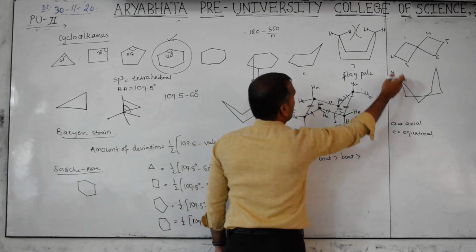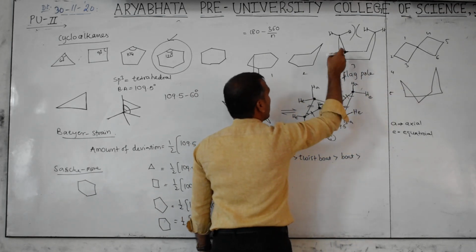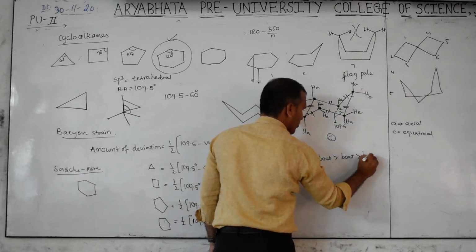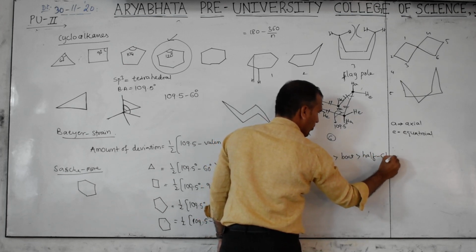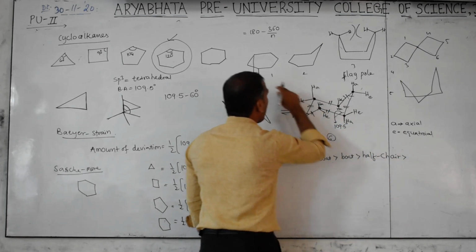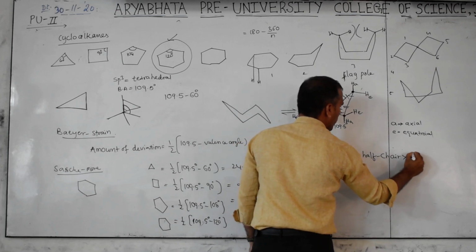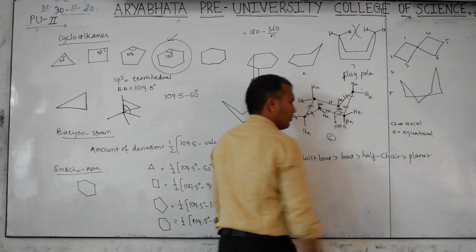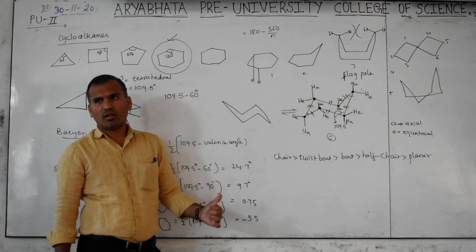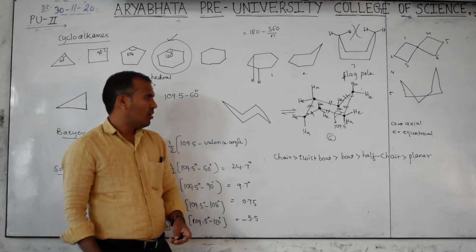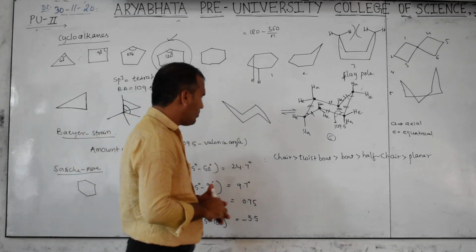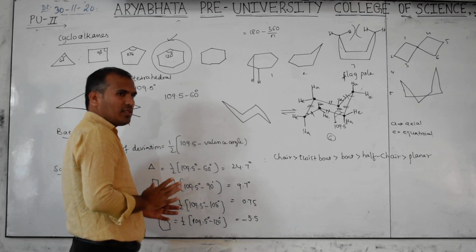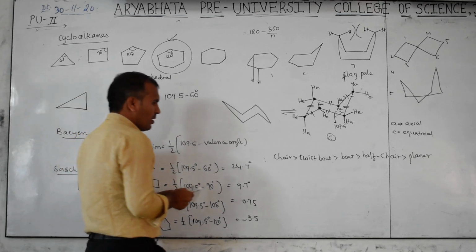Sorry, these both are twist boat. Then this is boat, this is half chair. Then next, planar. This is the order of their stability. Clear? Okay.